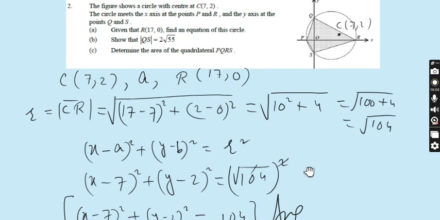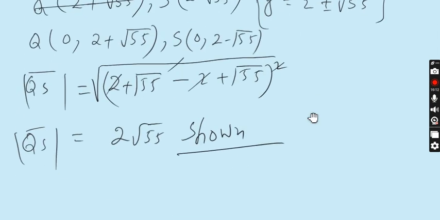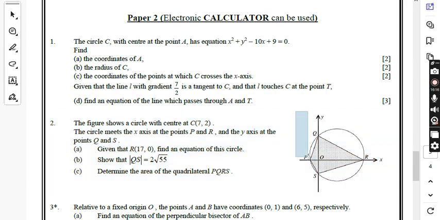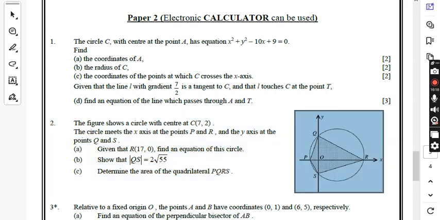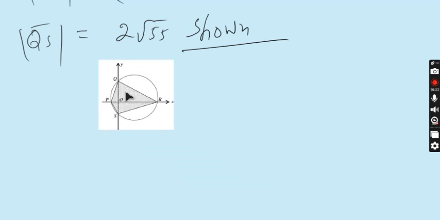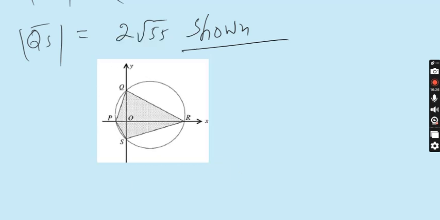Last part, determine the area of quadrilateral PQRS. I am copying the diagram again. So we have to find the area of this quadrilateral.